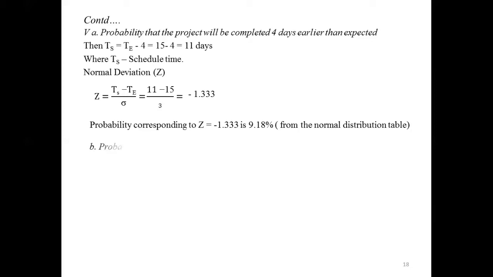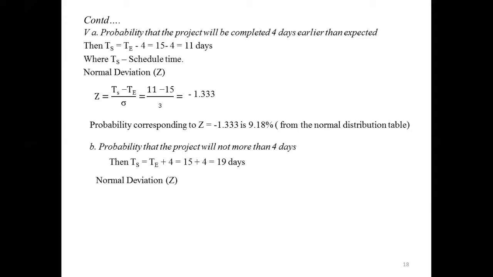And here in the problem, they've given one more: the probability that the project will take not more than 4 days more. Then scheduled time TS equals TE plus 4. It is not more than 4 days, and hence TS value is 19 days. If you calculate normal deviation, that equals TS minus TE divided by sigma.